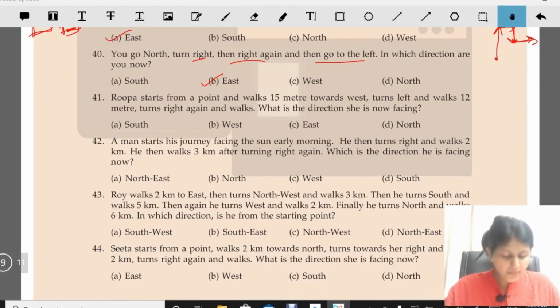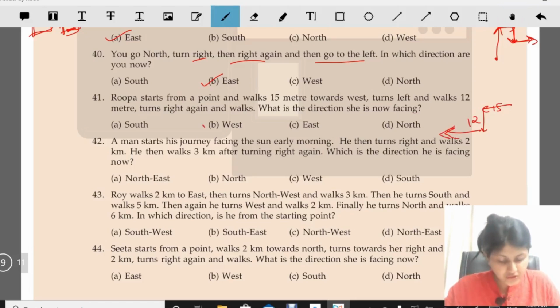Rupa starts from a point and walks 15 meters towards west. Turns left and walks 12 kilometers. Turns right again and walks. What is the direction she is now facing? She is facing the west direction now.